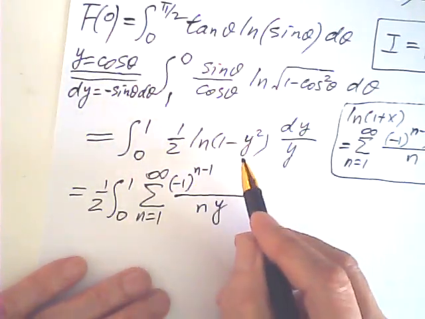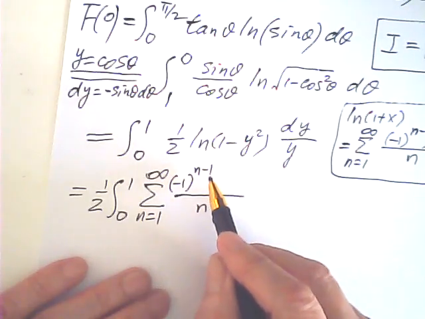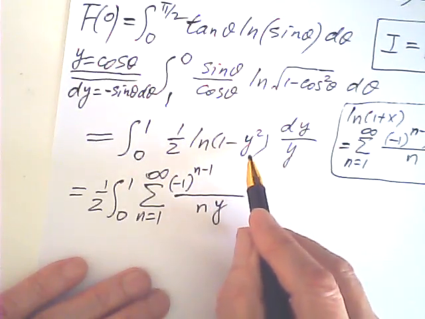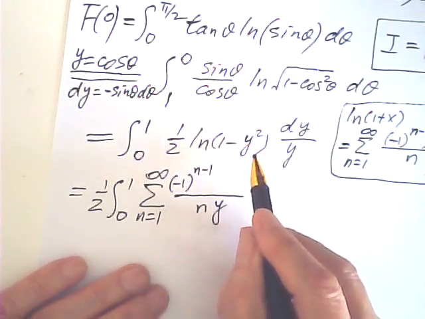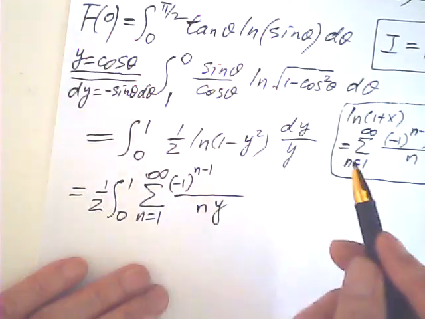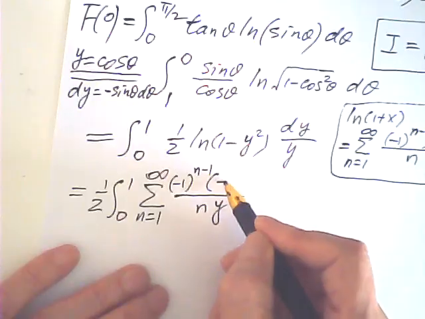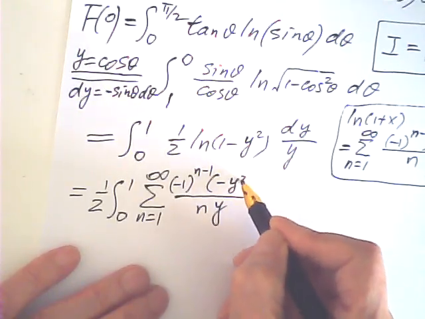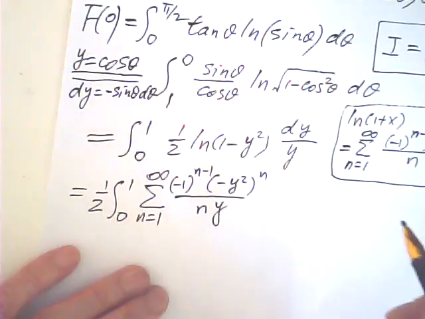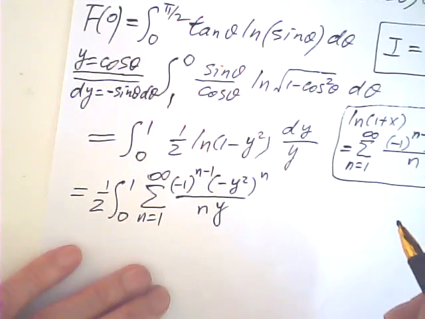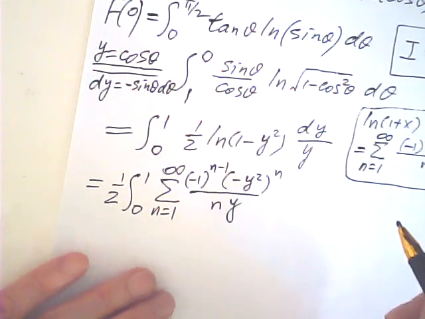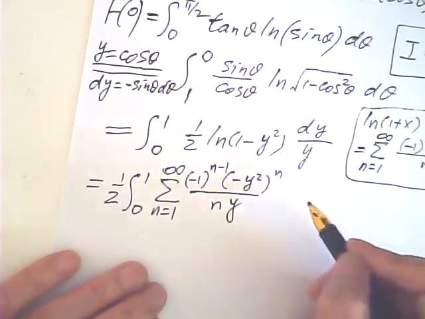This one is negative y squared, right? It's equal to negative y squared to the power n. Yeah, and dy.